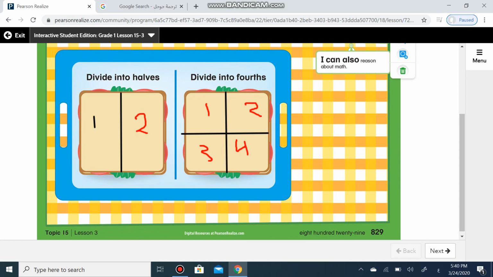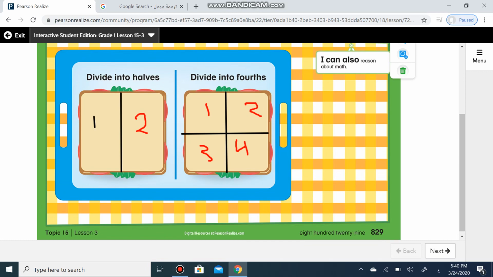Which one has more shares? The first sandwich or the second one? More shares. Which one? The second one. Very good, because I have 4 equal shares and 4 is greater than, more than 2. Very good.